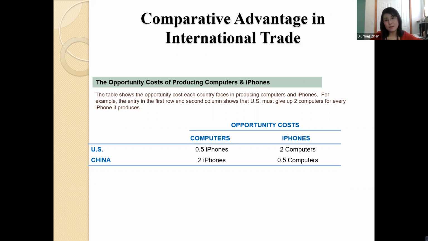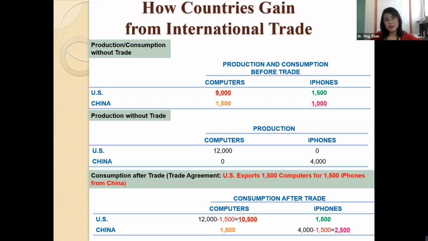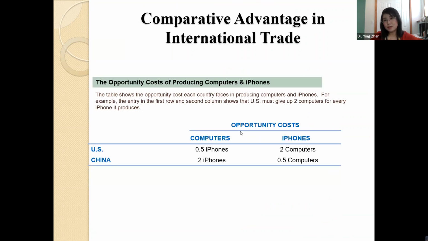So the point is that we need to assume a terms of trade, how many units of good A or how many units of good B, assuming their prices are the same. Then we directly use their numbers. We should assume their ratio lies between the two opportunity costs. Yeah, so I always emphasize this to my students.